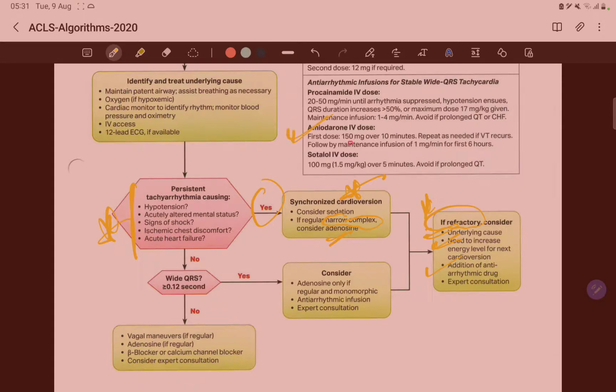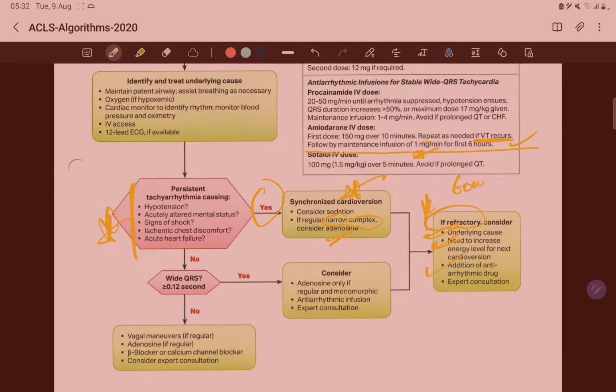See, the amiodarone dose in the cardiac arrest was 300 first and then 150. Here the amiodarone IV starting dose is 150 over 10 minutes. So it is a slow infusion, right? 150 milligram over 10 minutes. Now repeat it if the ventricular tachycardia recurs, and follow with the maintenance infusion of 1 milligram per minute for 6 hours.